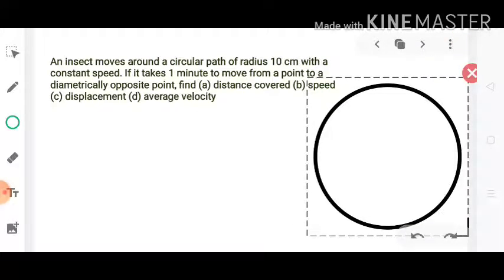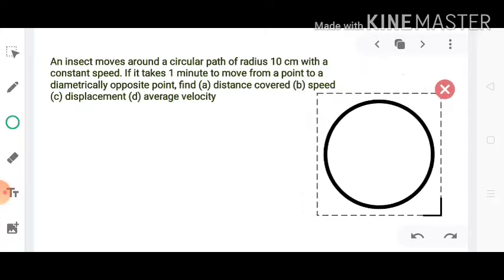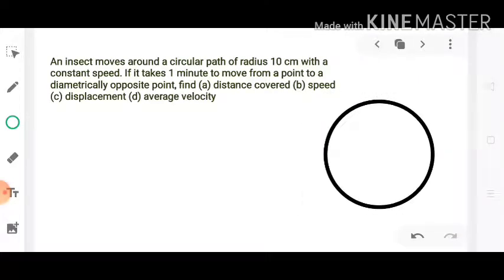It follows a circular path, so let's draw a circle. It is of radius 10 centimeter. Let us just adjust the path a little bit. Yes, so this is the circle. The circular path given radius is 10 centimeter.